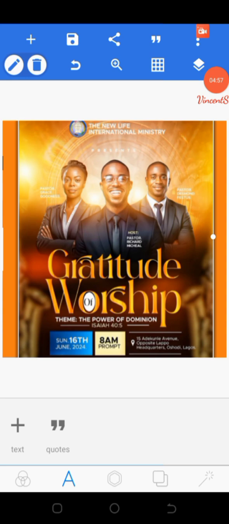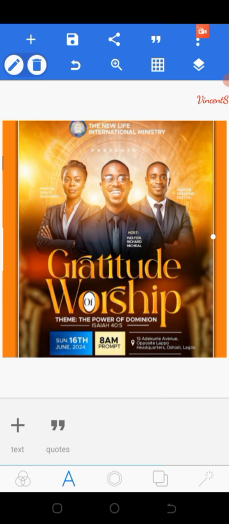So this is the fourth rule, okay? This one has to do with all images being placed or arranged on the top, okay, of all typography. Okay, the main typography are on the bottom, okay.